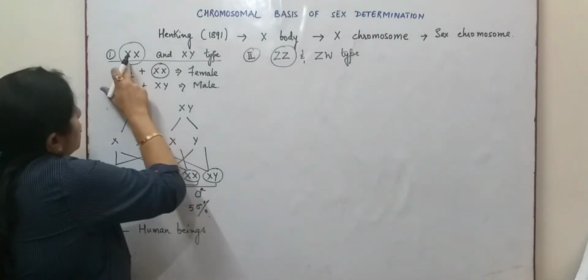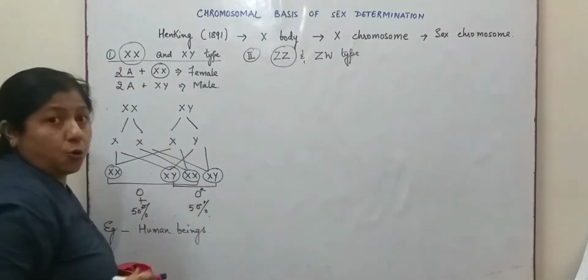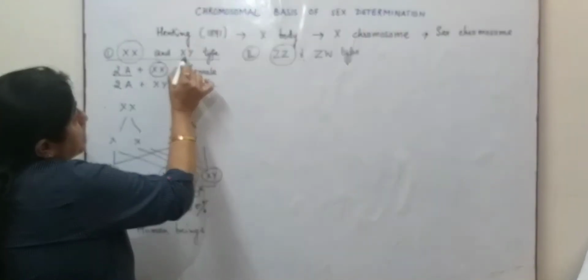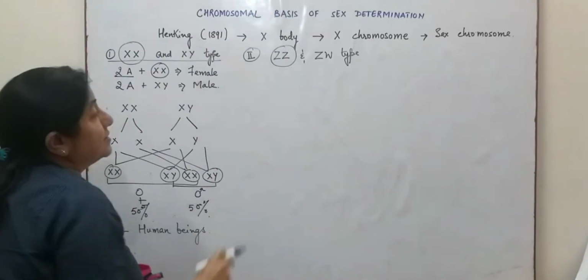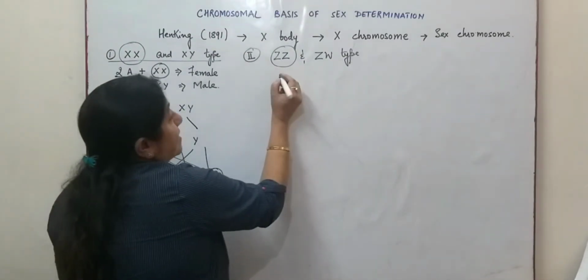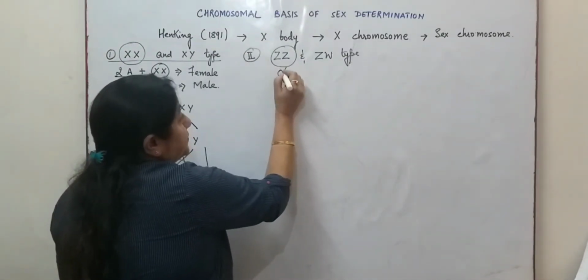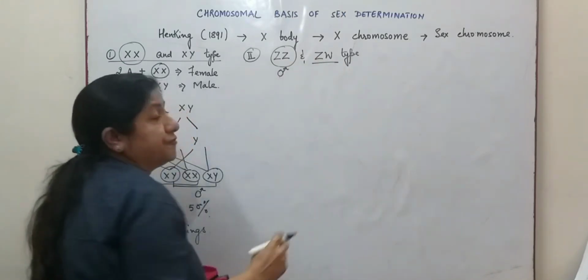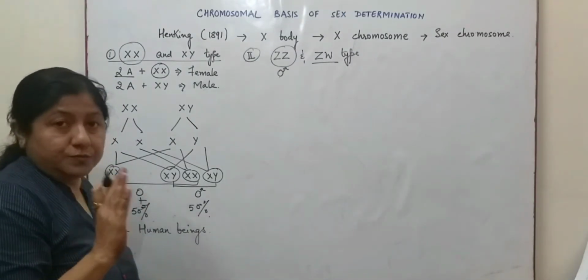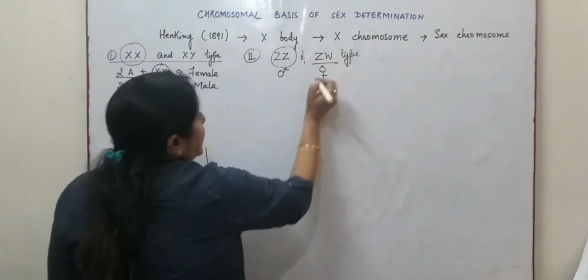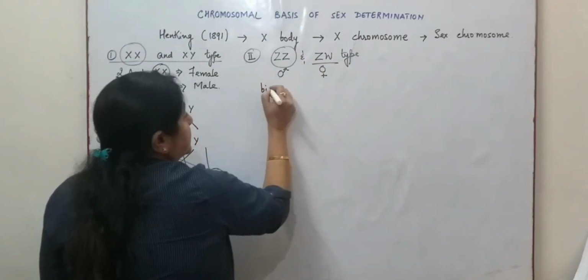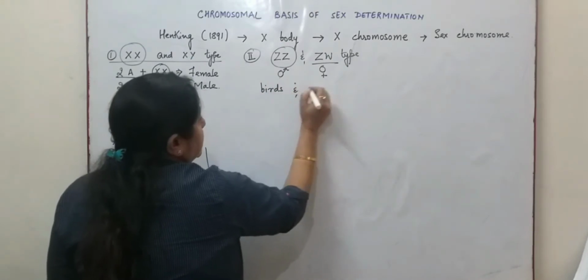Here, ZZ is a male, and if the two sex chromosomes are different, it is a female. It is seen in birds and butterflies.